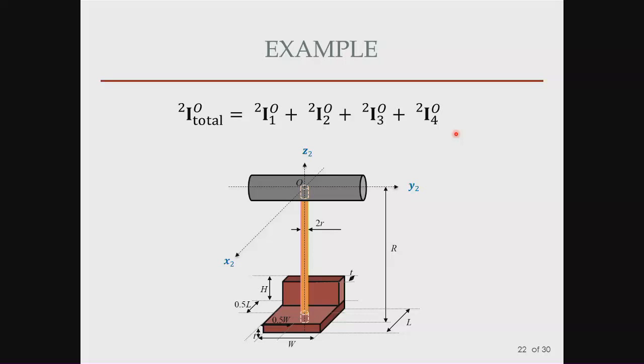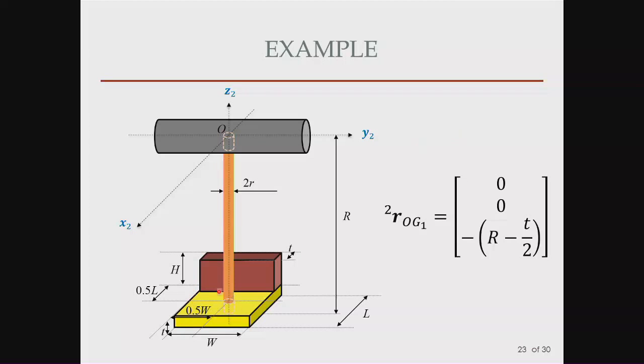So let's see for one of the parts, let's say the first part, what is this ROG? How do I go from O to G1? How much do I need to go along the axes of frame 2? Along X2 and Y2, I don't need to go anything, just go down along Z2.